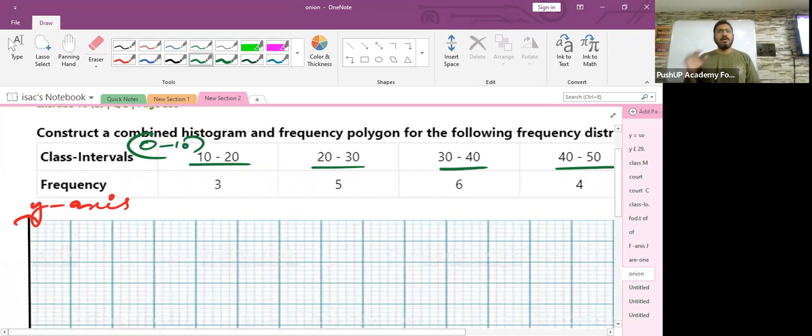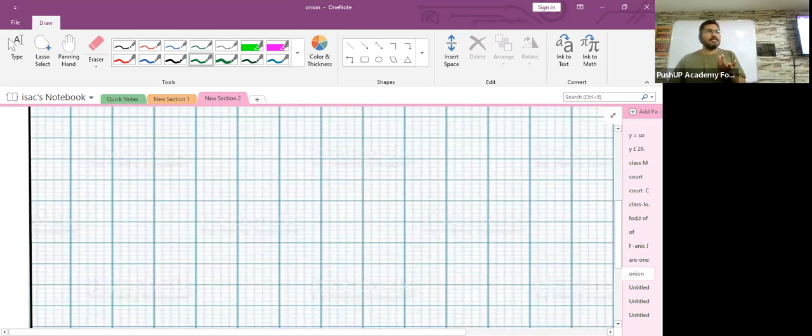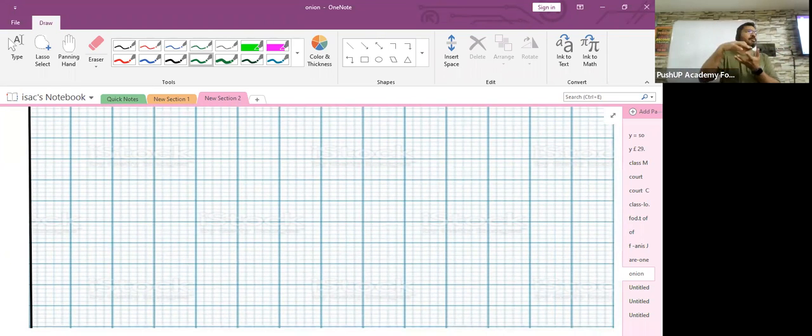So children, accordingly you can label the y-axis for frequencies. Shall I take 1 centimeter is equal to 1 frequency? Just that the histogram will look slightly smaller. Children, you have all the privileges to take each 2 centimeters on the y-axis as one frequency.